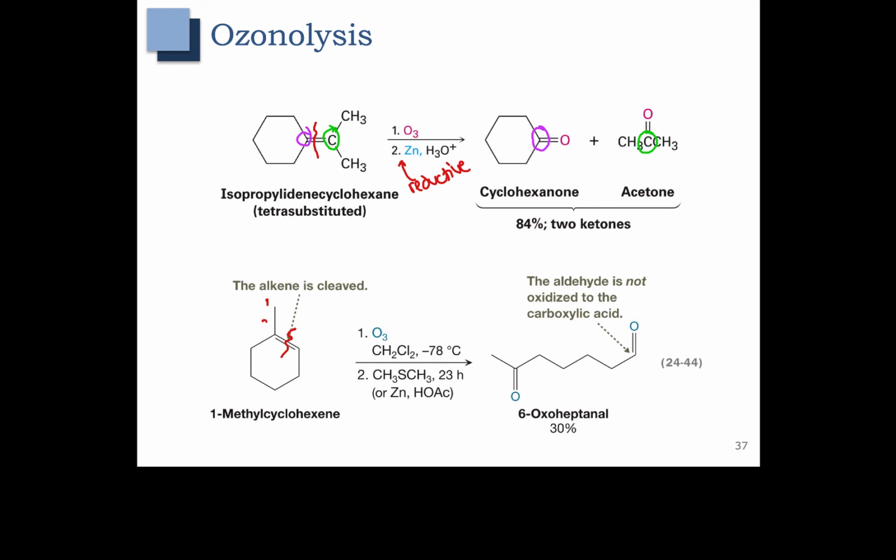Let's number. So we can see that carbon 2 becomes the ketone carbon, carbon 7 becomes the aldehyde carbon, and it is not oxidized to a carboxylic acid because we are using, again, a reductive workup.